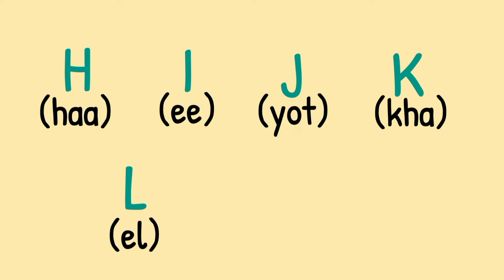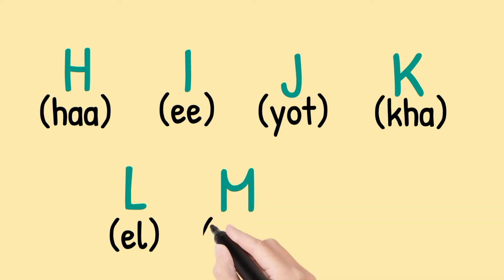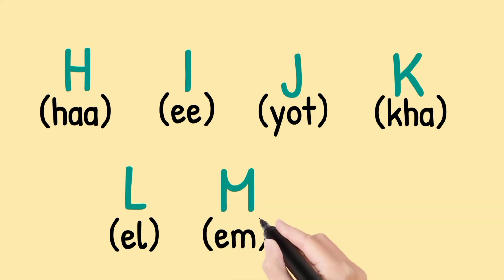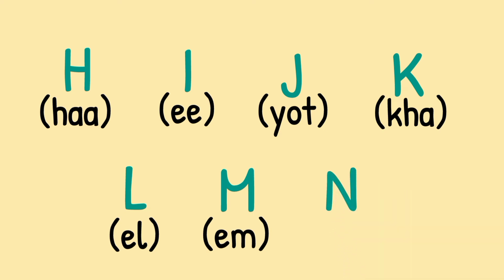L, it's the same as English L. M, it's also pronounced the same as the English M. As I already said, some letters are the same as English, so it will be easy for you. Next is N. It's also the same, just like English pronunciation.